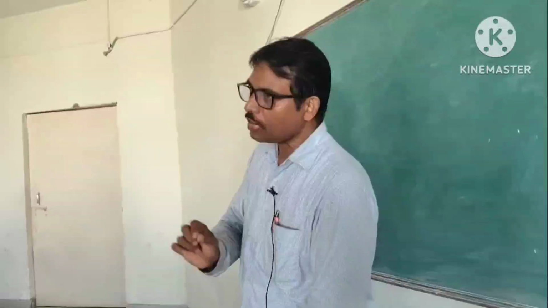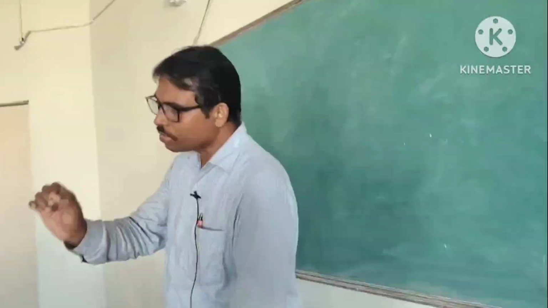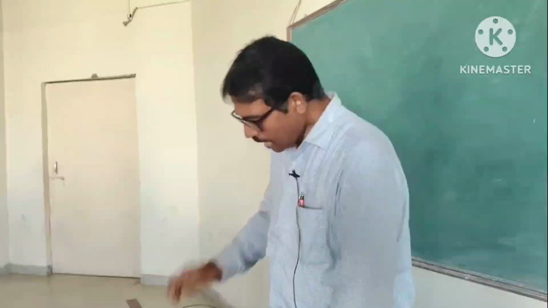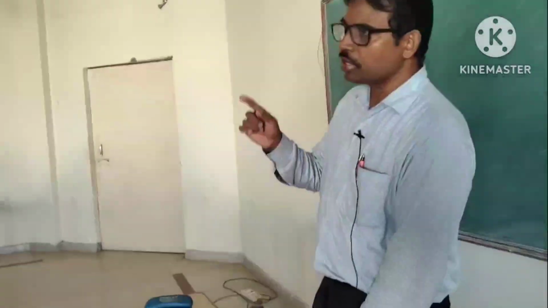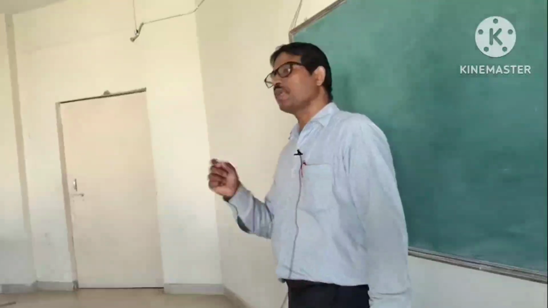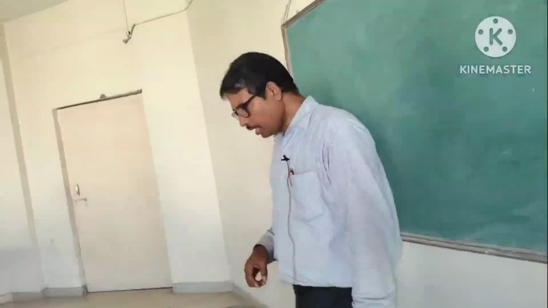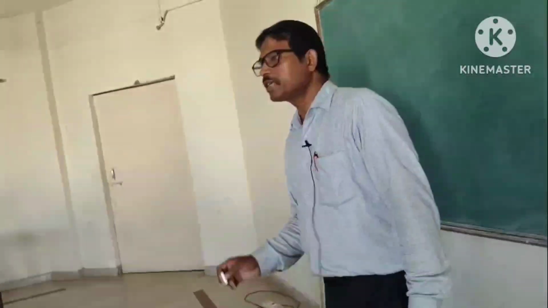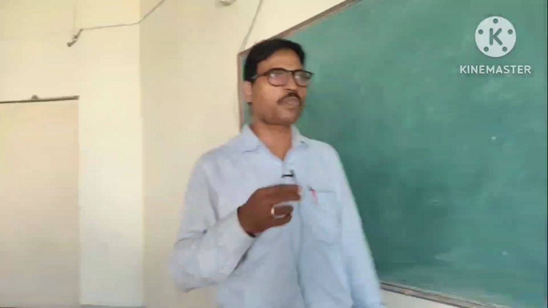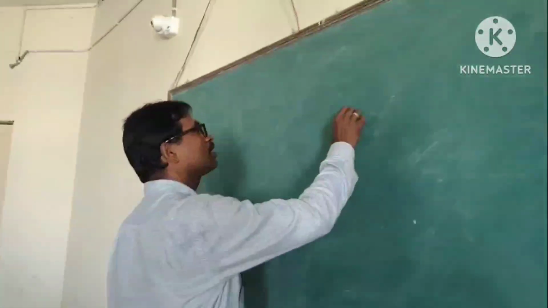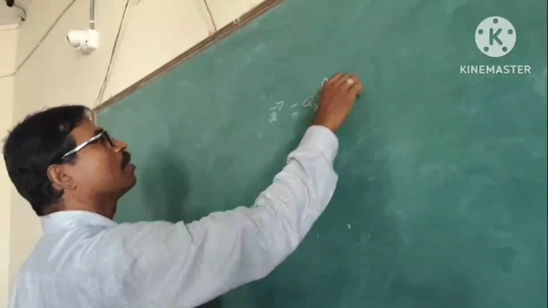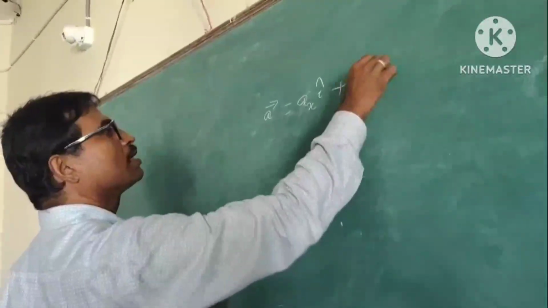The process of splitting a vector into a number of vectors is known as resolution, and the vectors into which the given vector is split are known as component vectors. Suppose acceleration resolves into ax i cap plus ay j cap.